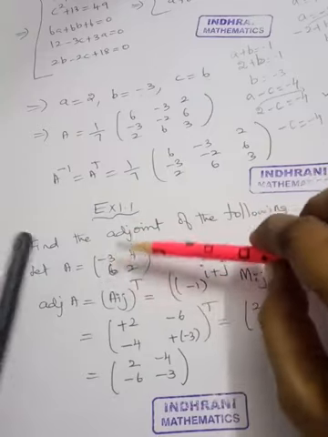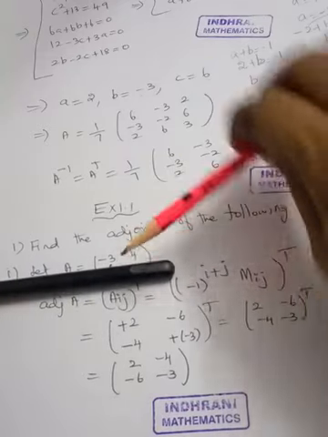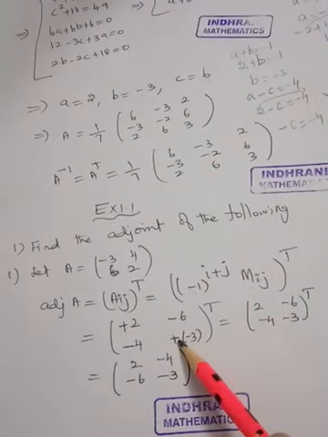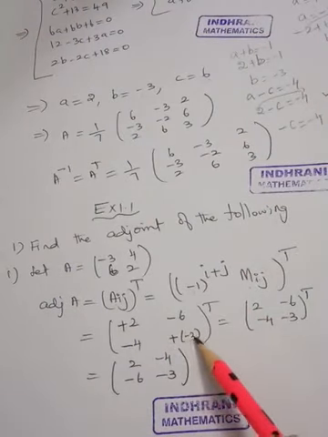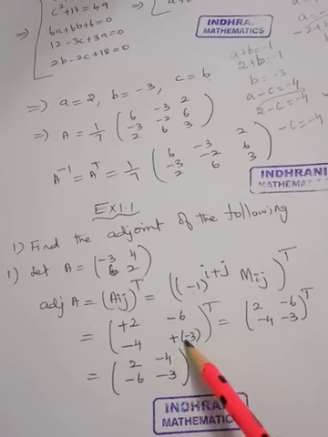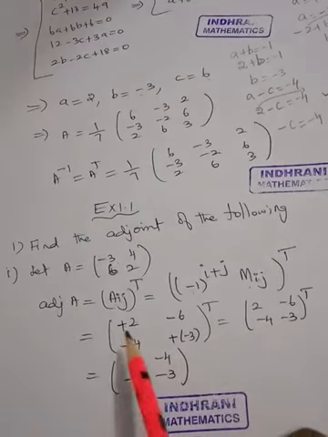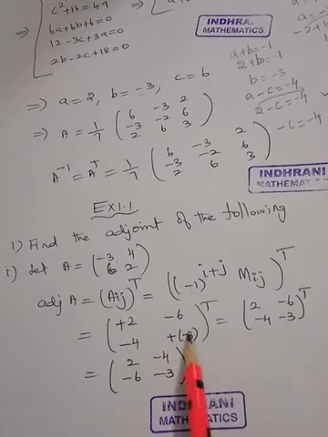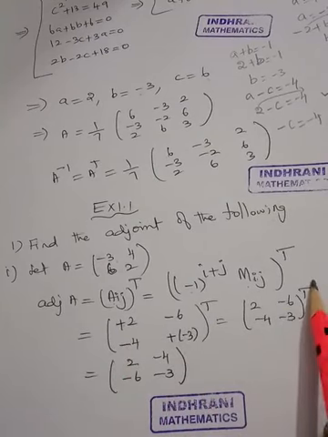Similarly, for the last element, the corresponding row and column deleted, you will get minus 3. The sign is plus, so the cofactor is minus 3. So we take the matrix 2, minus 6, minus 4, minus 3, whole transpose.